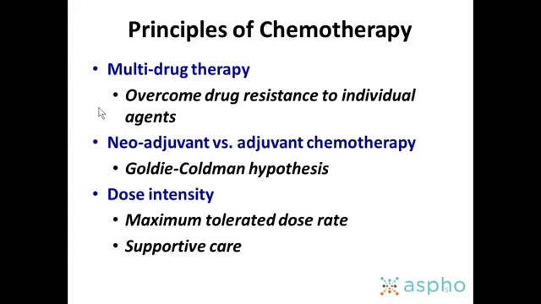And therefore, one of the prime principles in curative chemotherapy is to use multi-agent chemotherapy. And so you usually pick drugs which do not have a similar mechanism of action.